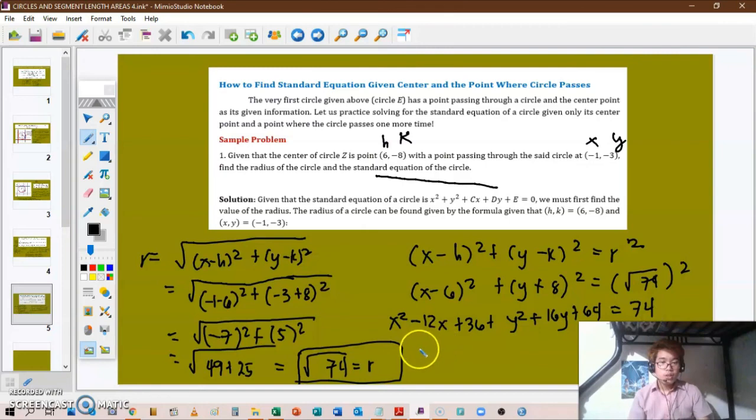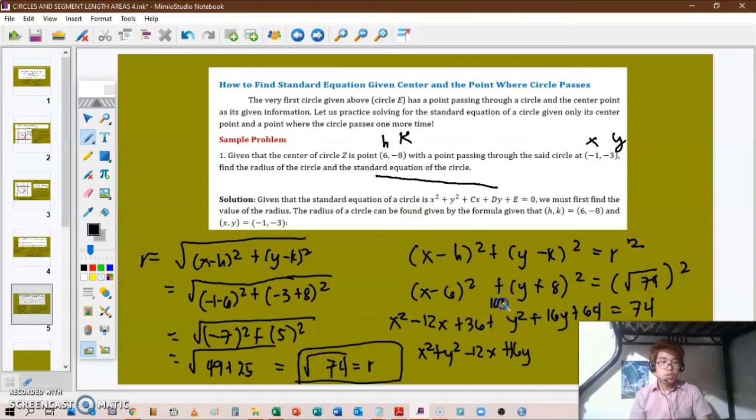So this is going to be equal to x² + y² − 12x + 16y, and then we have 36 plus 64. So that's equal to 100, and 100 minus 74 will give us 26.